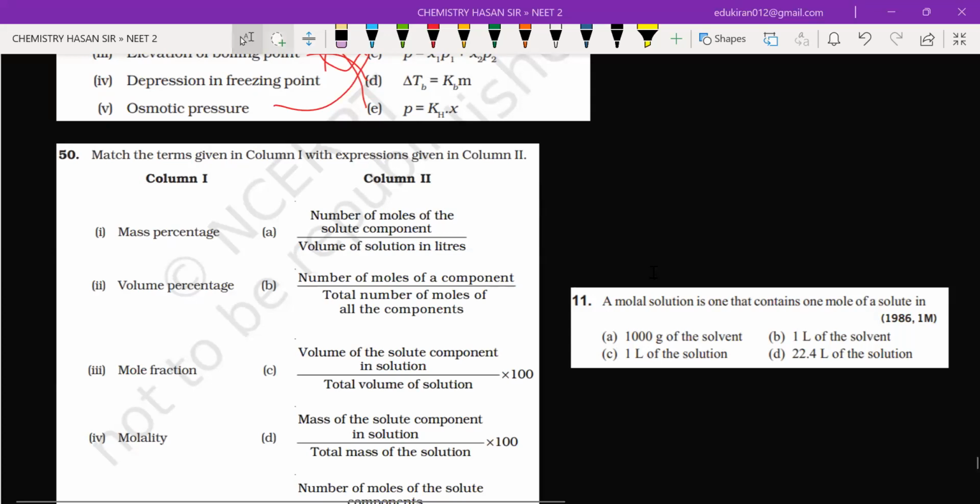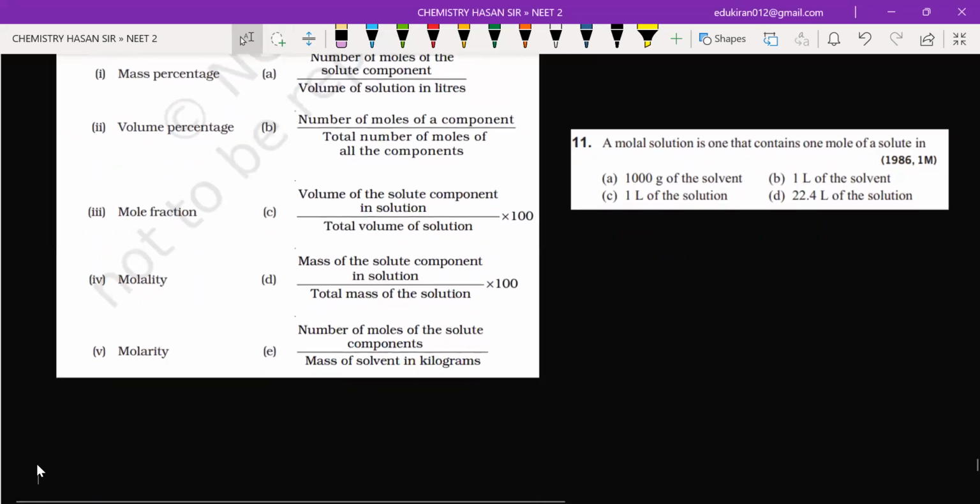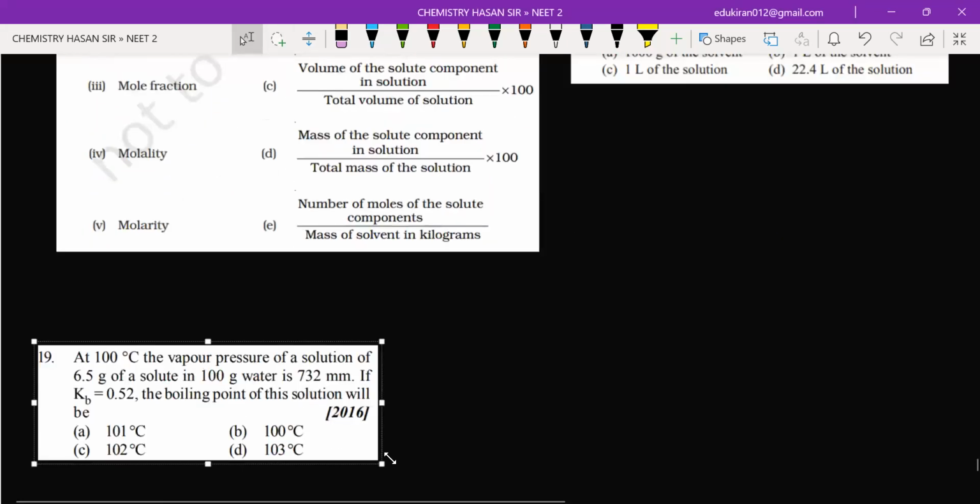Option A, very good. You can go for this question, last question.